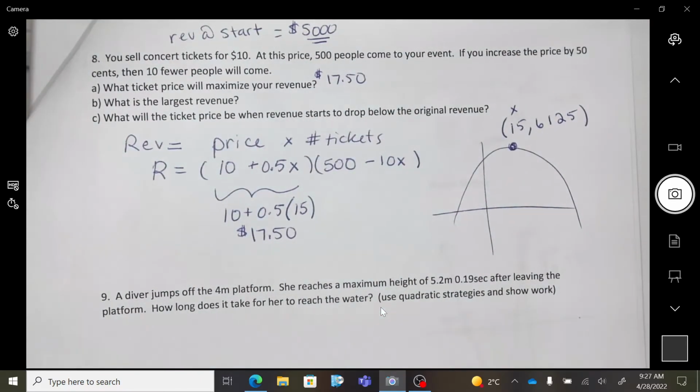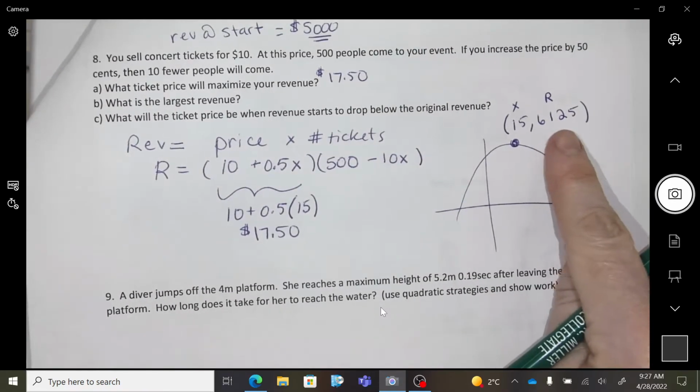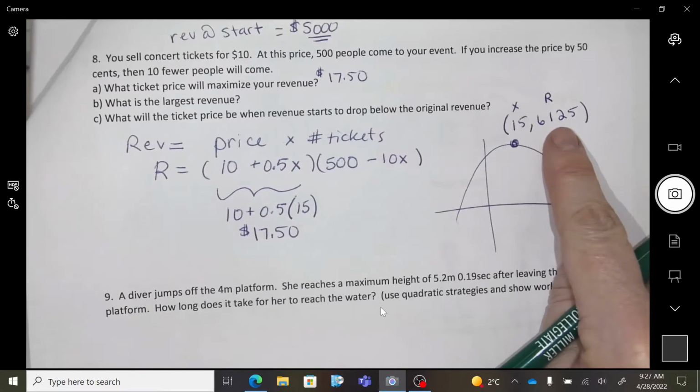Okay, so you should sell tickets for $17.50. What's the largest revenue? So here it is. I already have that answer. That's the largest revenue I'm going to make.